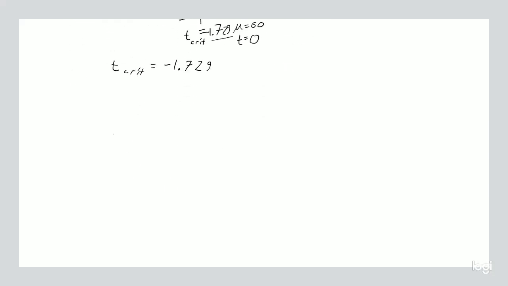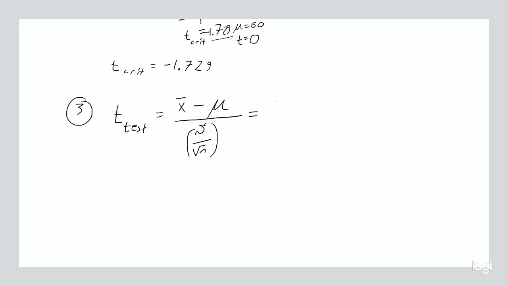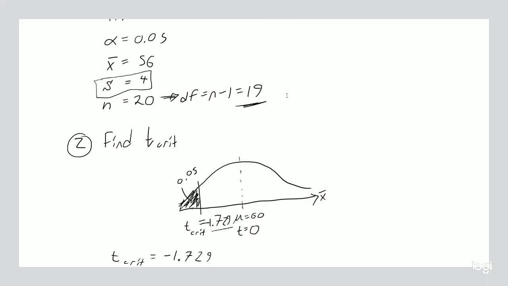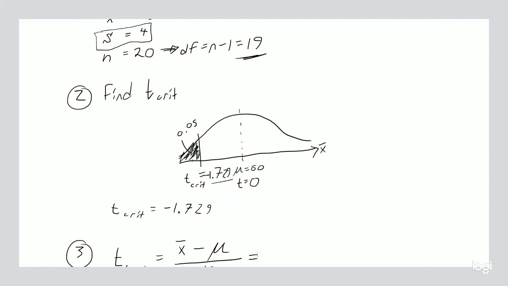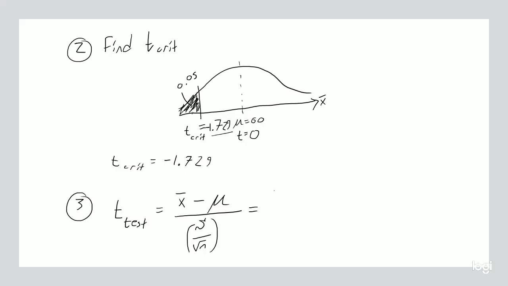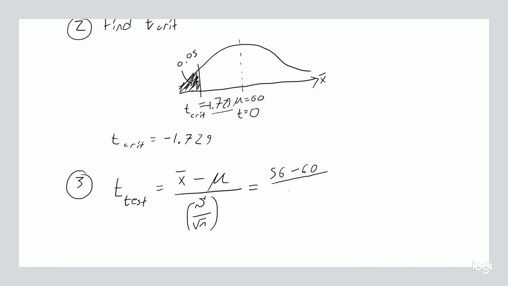Now we go on to step 3. We calculate our test statistic, which is just converting the sample mean to the t-scale. Our sample mean was 56, and we're assuming that 60 is the population mean.